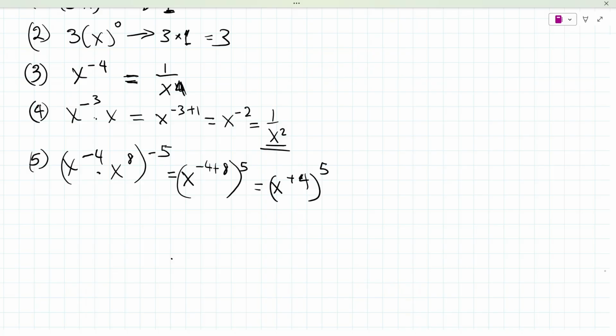Now, whenever we power an expression, we always multiply out the values of the exponents.